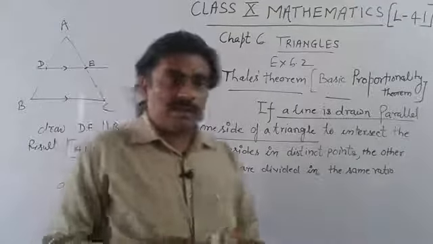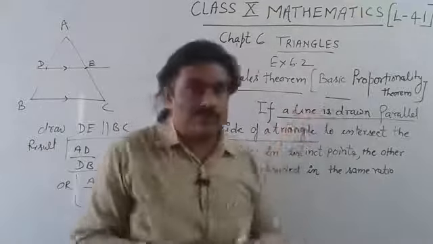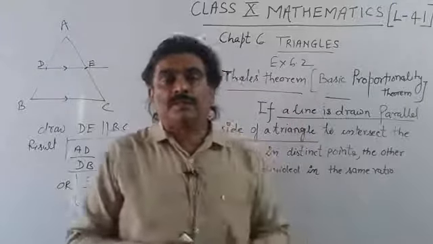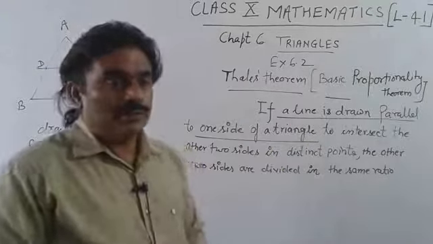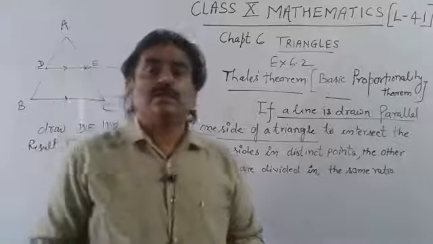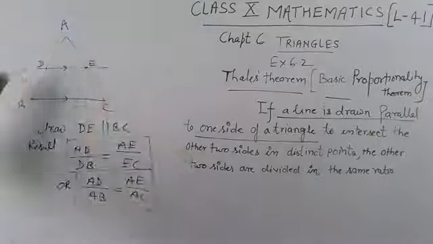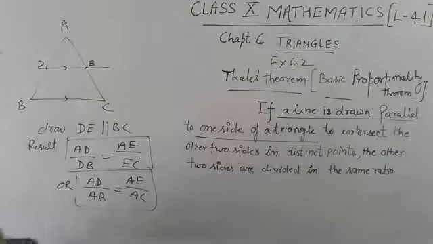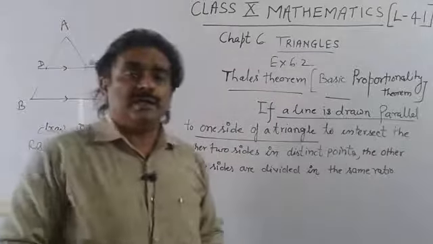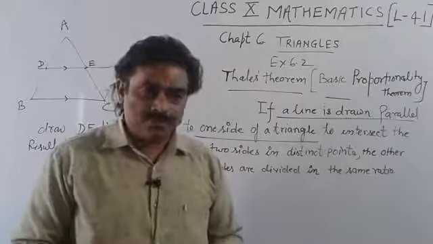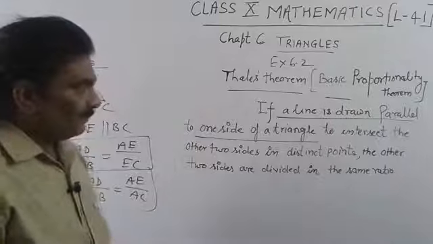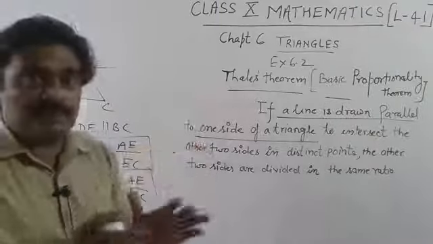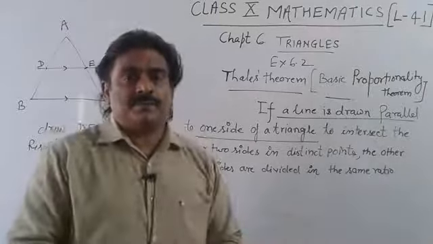Okay students, in this exercise 6.2 we will apply the theorem to find the ratios or the length of any piece, any side of this triangle, etc. In coming days we will prove this theorem. Similarly, we will discuss the converse of this theorem.